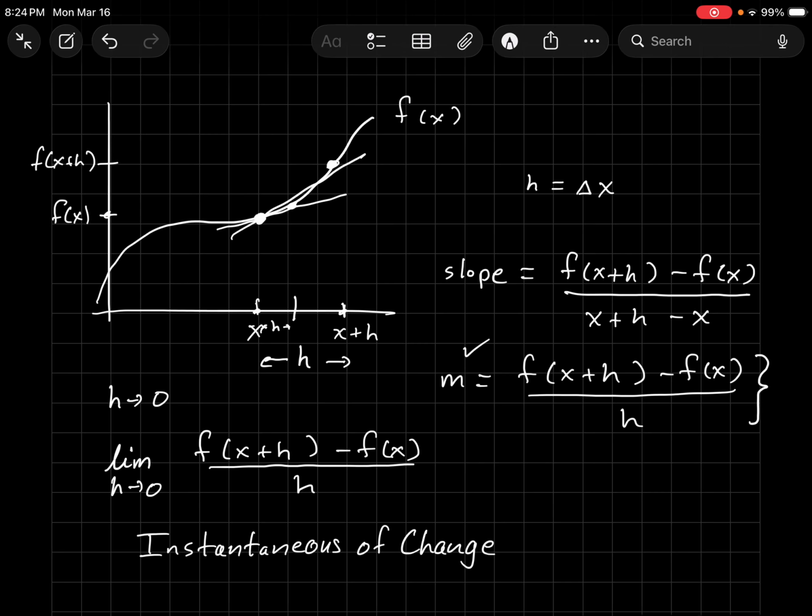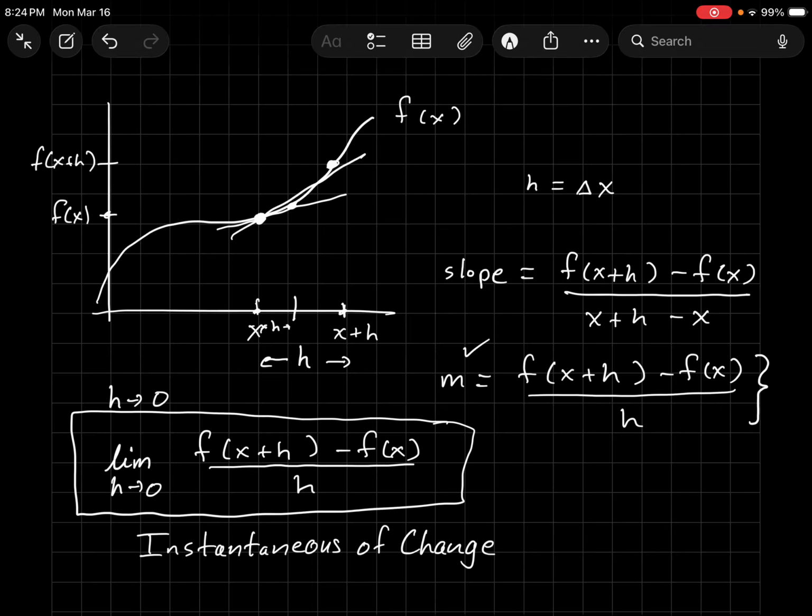So in calculus, when you see this here, this is the way I want you to think about this. This right part is a slope. And our limit is saying, let's squeeze those points so close together that they're basically 1 point. In the next video, we will see what this instantaneous rate of change really is.